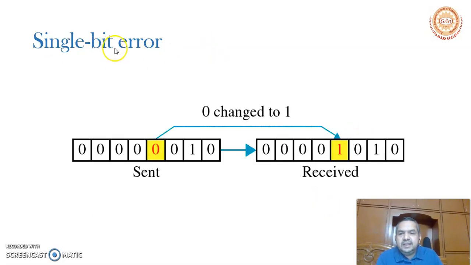Take this example of a single bit error. In total there are 8 bits that I am sending from the sender to the destination. For example, if the fourth bit is 0 when I send it, and at the destination it is changed to 1, this kind of error is called a single bit error.